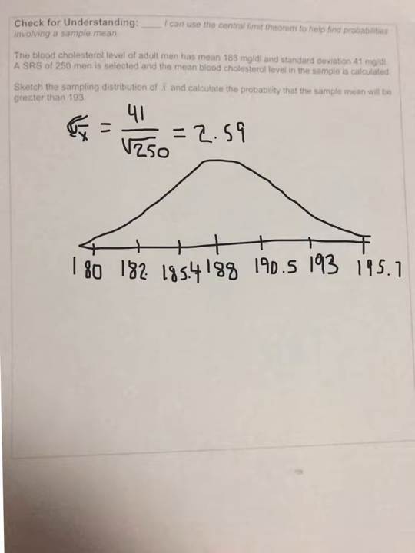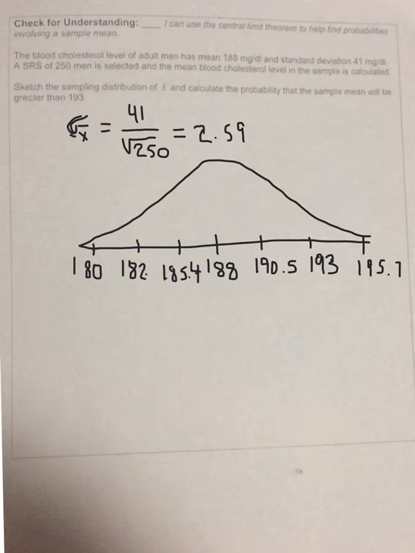Okay, this is just a rough sketch of what it should look like. We start with the mean, which is right in the middle, 188, and we add 2.59, 2.59, 2.59. That gives us almost everybody in this situation. And remember, we're taking an average of a sample of 250 guys. Or we subtract 2.59, 2.59. I didn't put all the decimals because it just didn't have enough room.